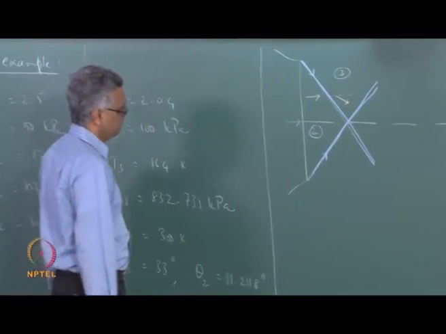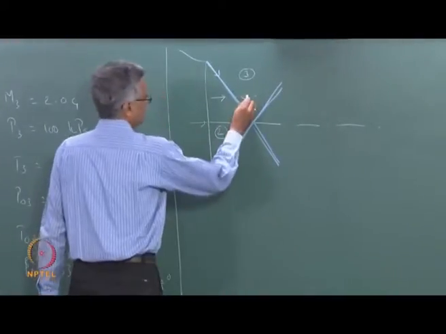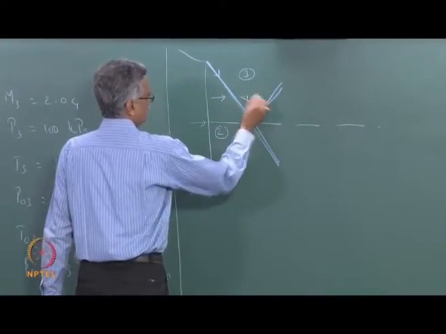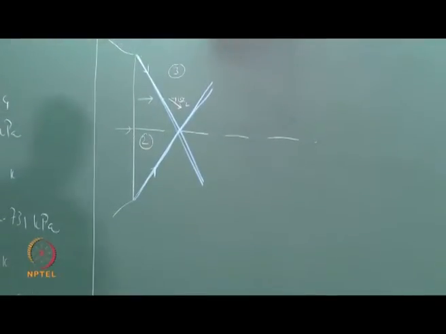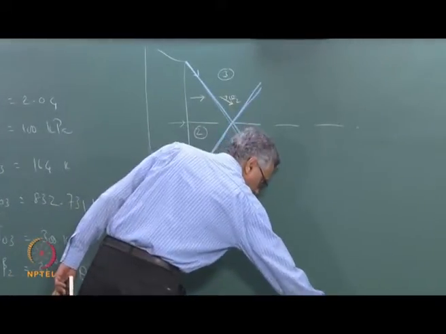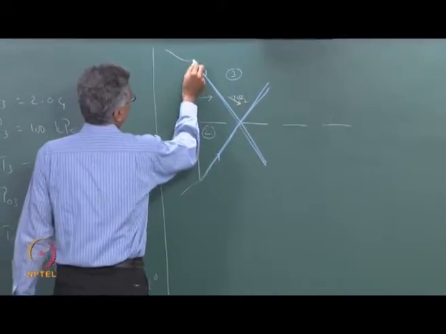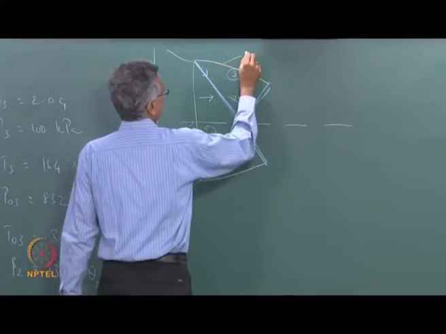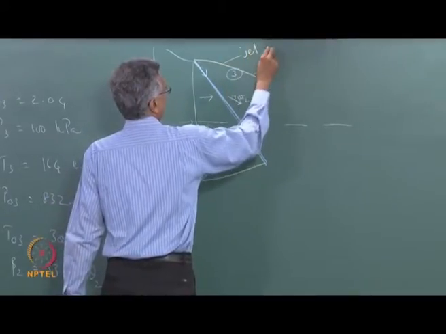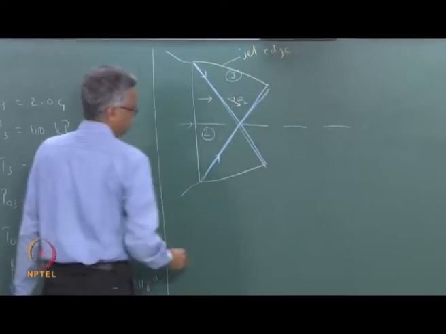So the velocity vector looks like this in region 3, and this angle is theta. We calculated this as theta 2, and we said that the edge of the jet is going to look something like this, right? So this is the jet edge.